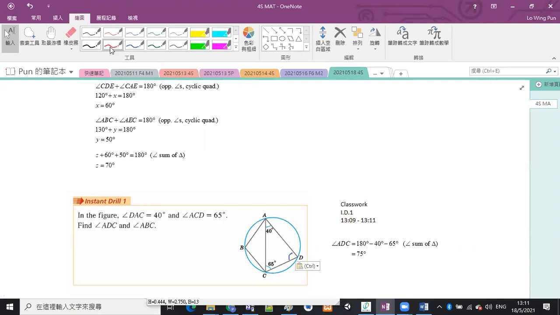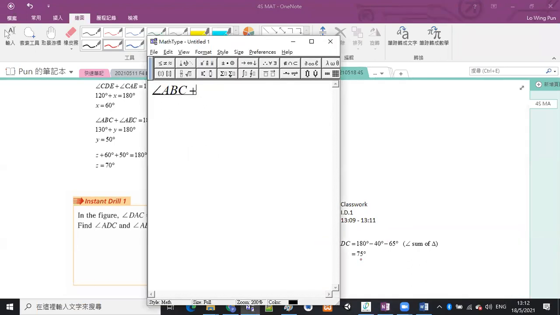And then angle A boy C. A boy C is this one. Just notice that ABCD is a cyclic quad. Okay, then if we have found this 75 degrees, then this 75 degrees and angle A boy C is a pair of opposite angles in this cyclic quad. So the sum of them must be equal to 180 degrees. So angle A boy C plus angle A dot C is equal to 180 degrees.